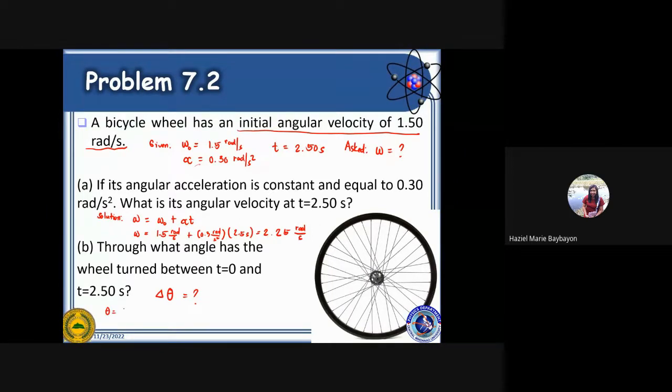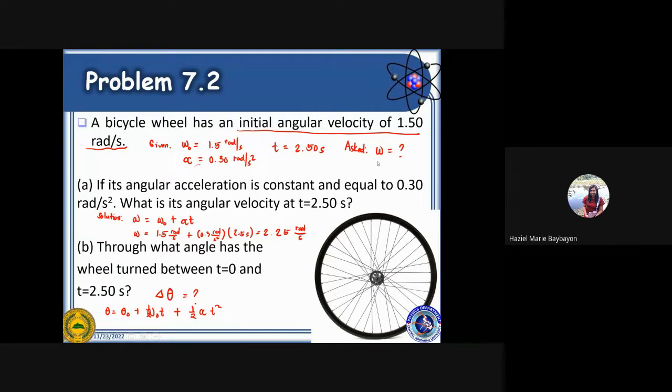Theta equals theta naught plus omega naught t plus 1/2 alpha t squared.